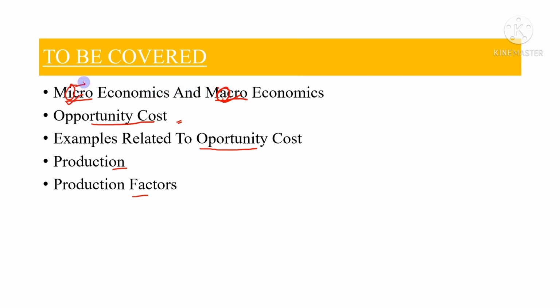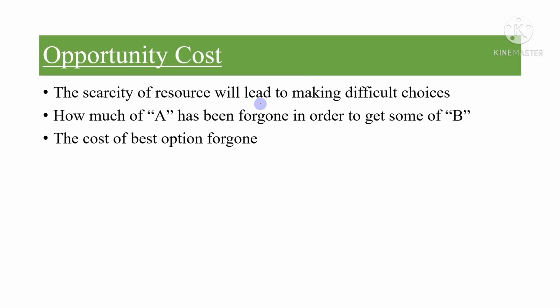Assume that this I is for individual and this A is for aggregate, to avoid confusion. Whenever the economics is concerning individual affairs, that is called microeconomics, and whenever the economics is concerning the aggregate of individuals, that is macroeconomics.